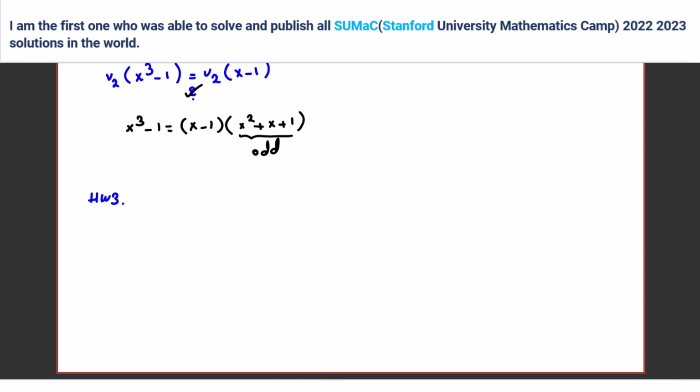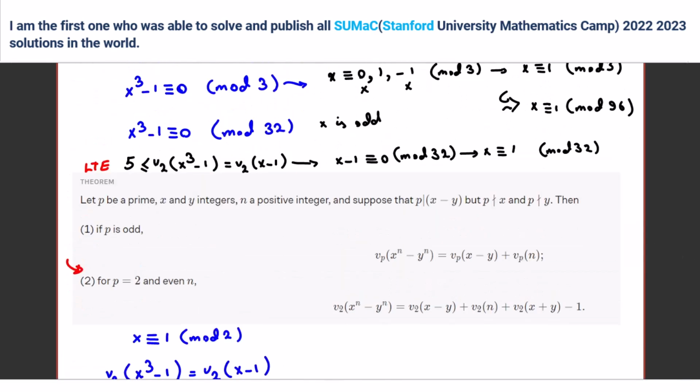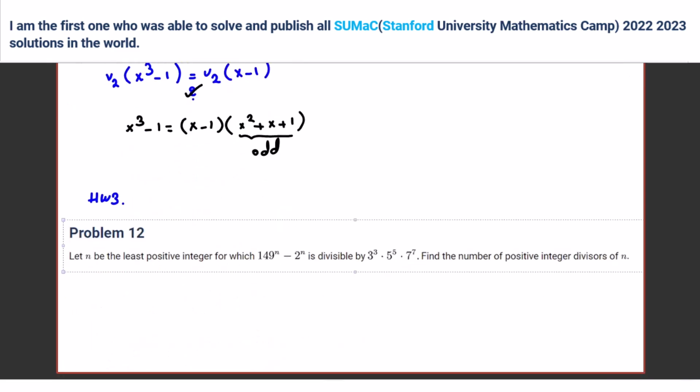Yes, I found it. For that problem, you should use LTE again, and you need to only use this box, okay? Use this box and try to solve homework 3. And next session we'll work on that.